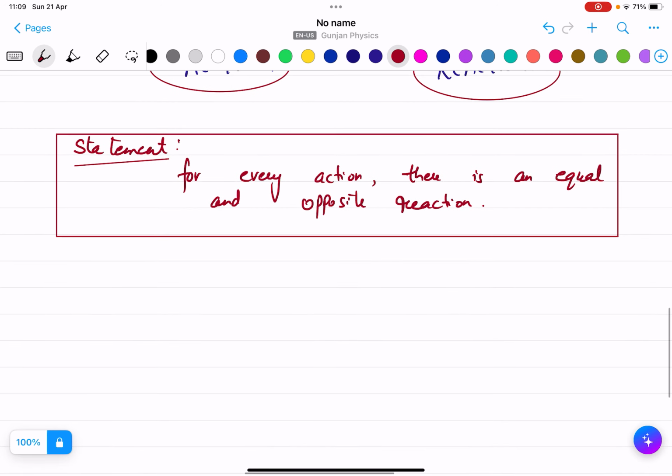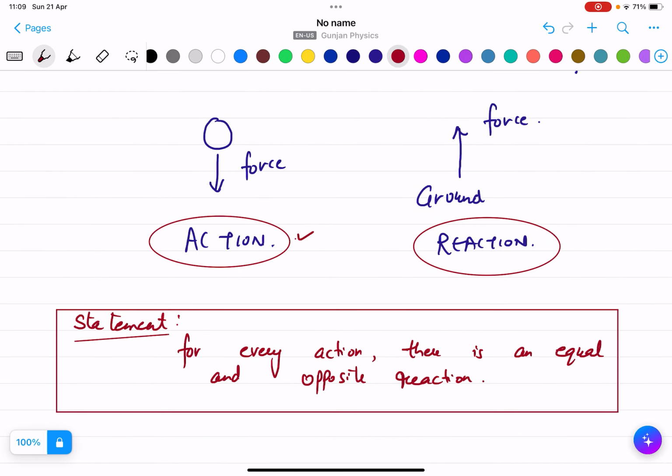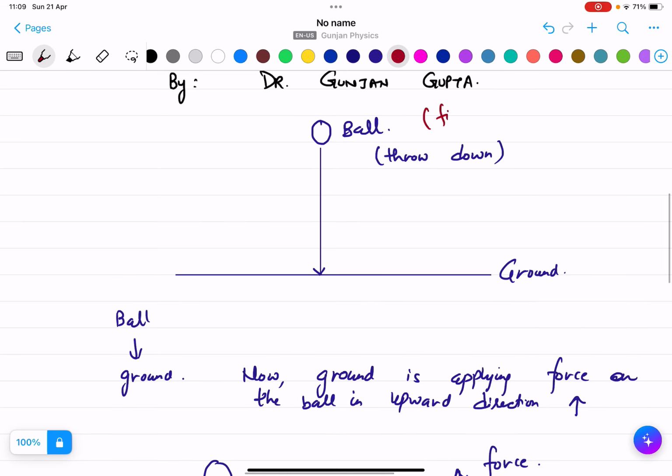Another thing, action is a force exerted by the first body on the second body, right? Now in this case, our first body is the ball, and our second body is the ground, right?